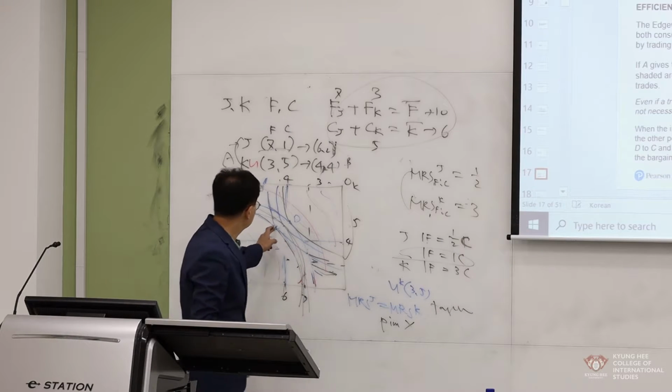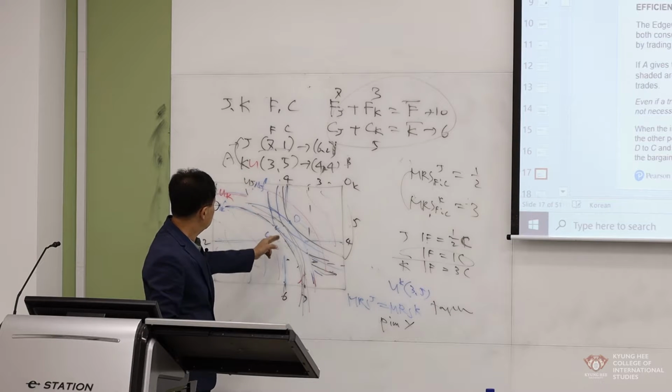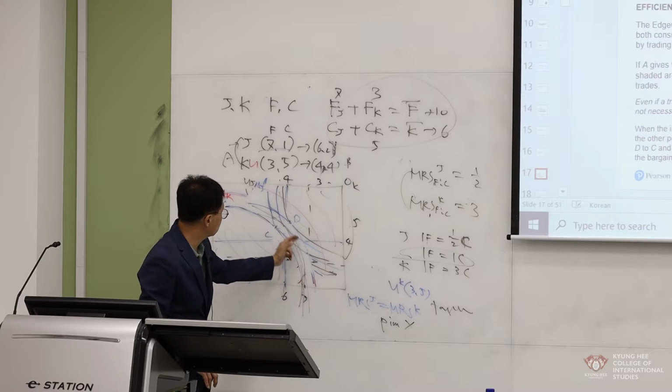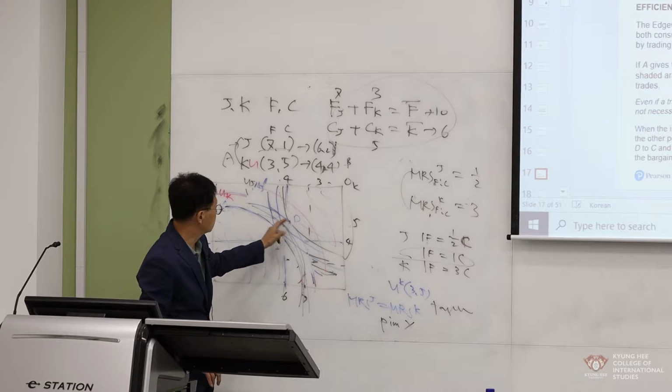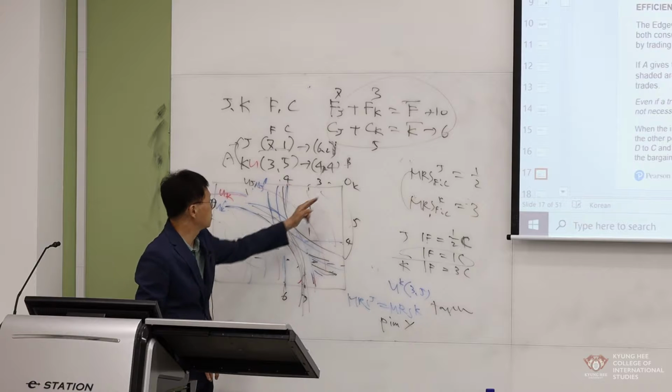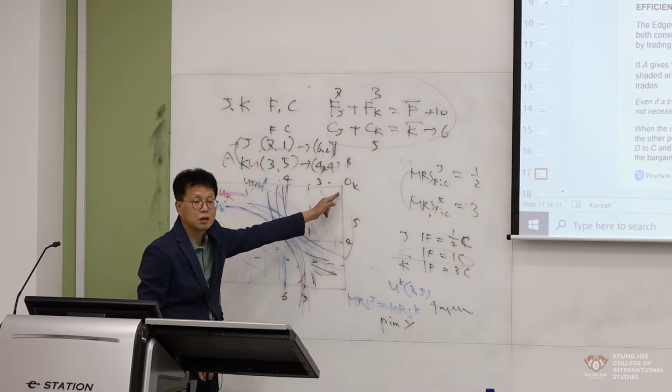At point C, Karen prefers C to D. Why? Karen's indifference curve: C is preferred to D because this one is more distant from the origin for Karen, right?